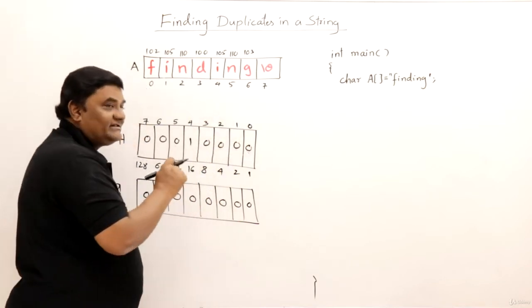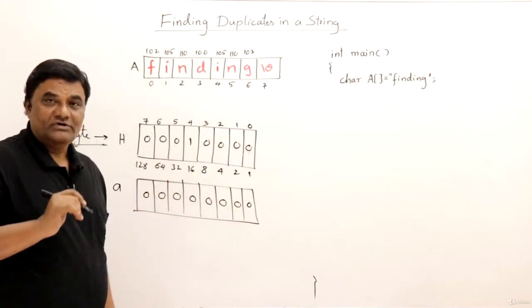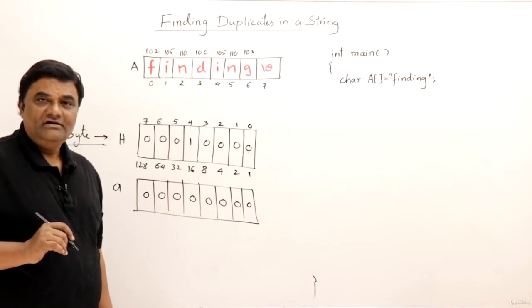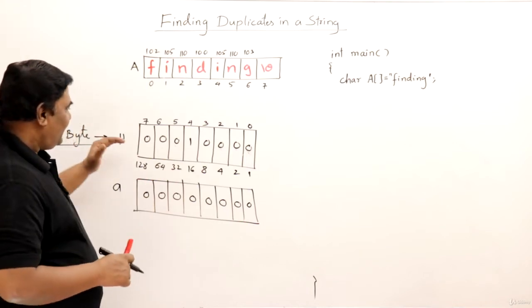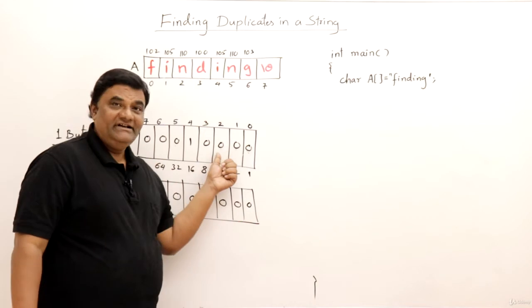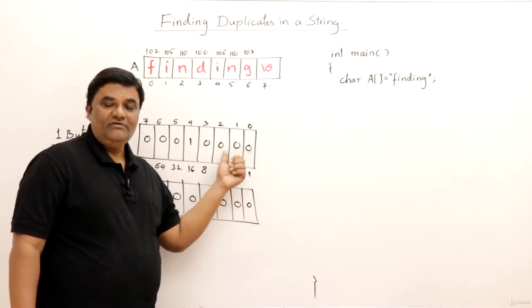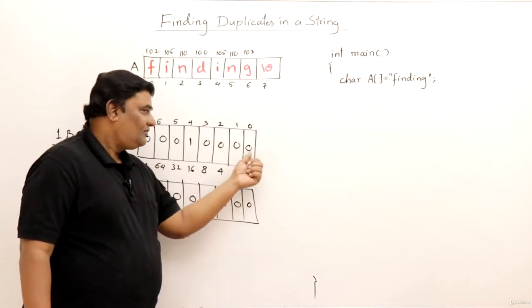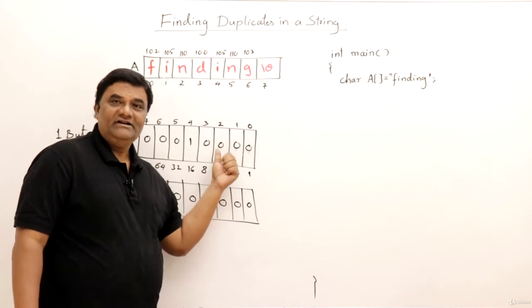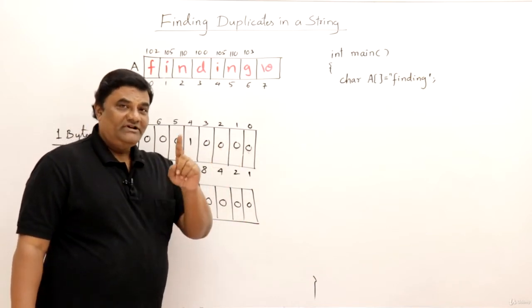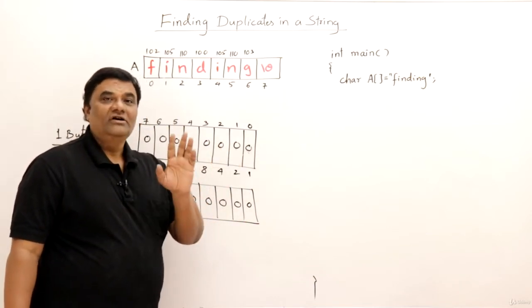At this bit, is it 1 or 0? I want to find out that, right? Inside h, I want to know whether this bit is on or not. That is 0, 1, 2, second bit, or if I count 1, 2, 3, third bit. So let us call it 2. I want to know whether that bit 2 is on or not.